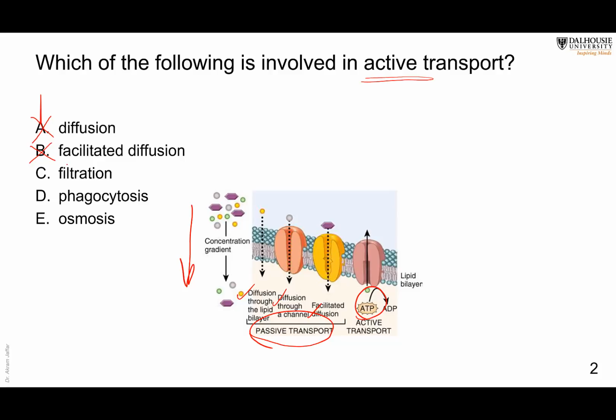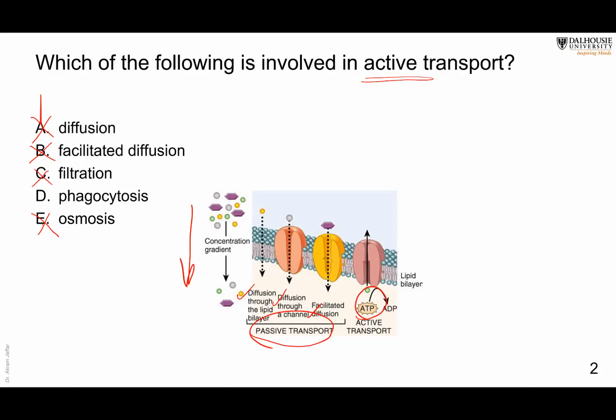Osmosis is the net movement of water through a membrane from an area of high water concentration to an area of low water concentration. So instead of a solute, it's water that moves. In other words, it does not require energy, and it is not a process of active transport.